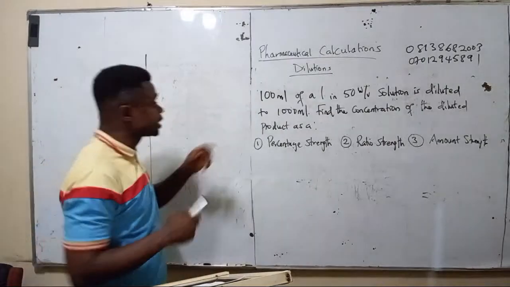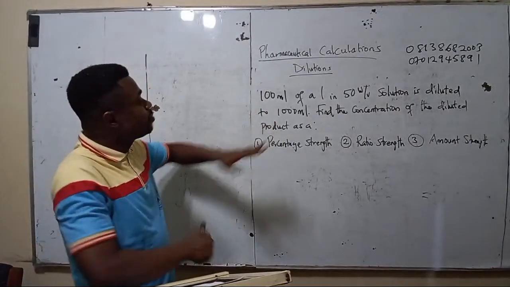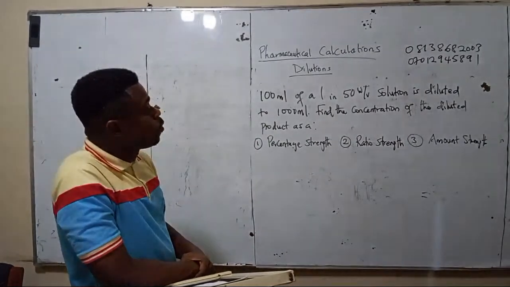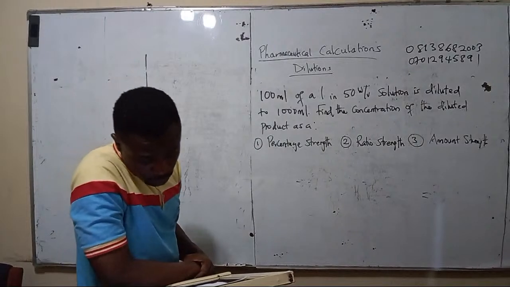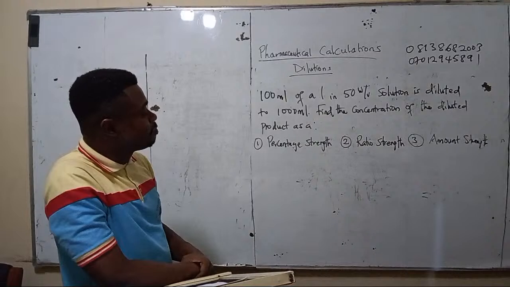Okay, let's look at this question. It says 100 ml of a 1 in 50 weight in volume solution is diluted to 1000 ml.